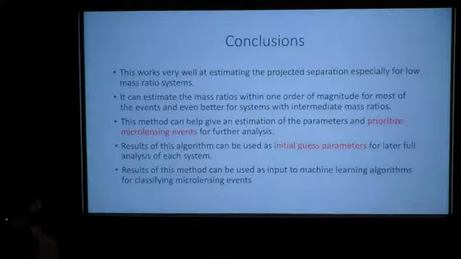Yes, that's right. That means more than half, a majority of events, do not follow your analytic expression. Yeah, this will not work for the central caustic perturbations. What I'm saying is a majority of them.